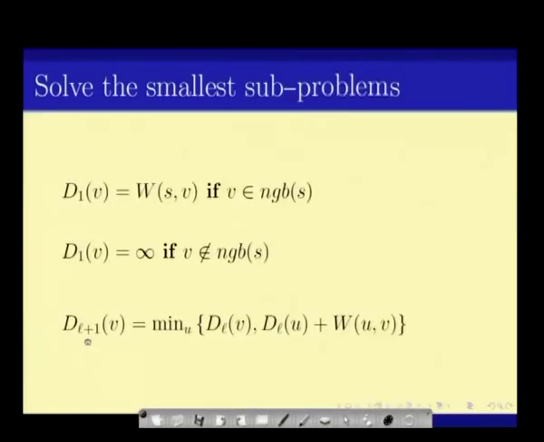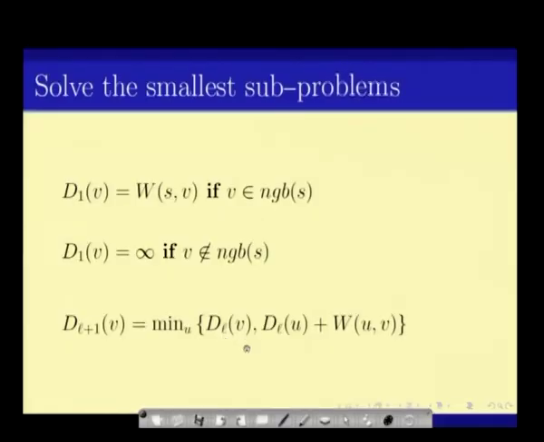And here is the catch. If we want to calculate d_{L+1}(v), the shortest distance from S to V using L plus 1 edges, now, what can that path be? Think of that. You have S, you have V, and the shortest path that uses at most L plus 1 edges to go from S to V can be one of two things.